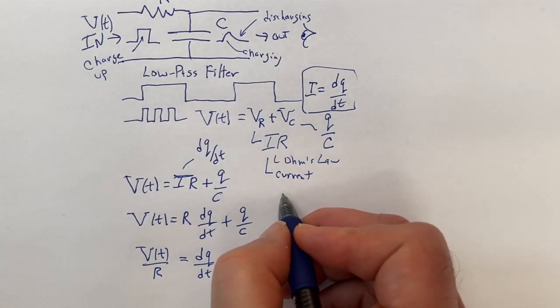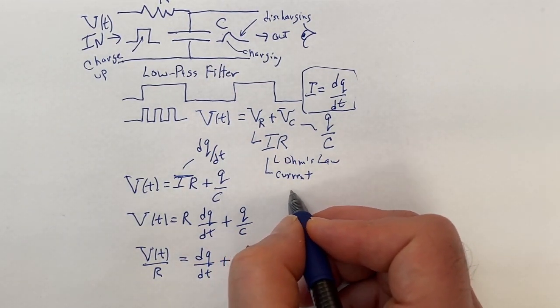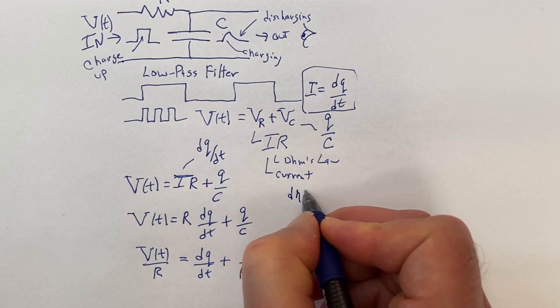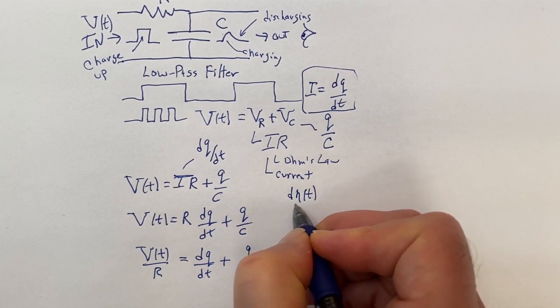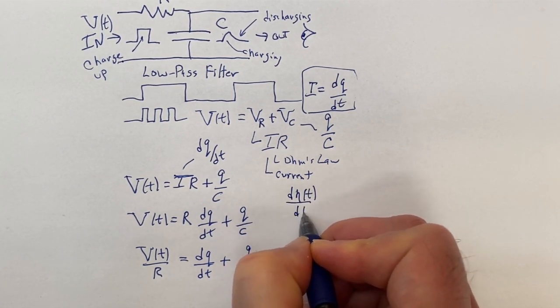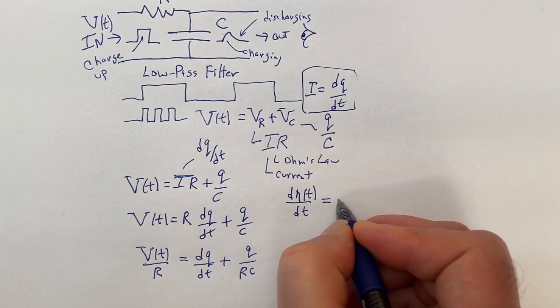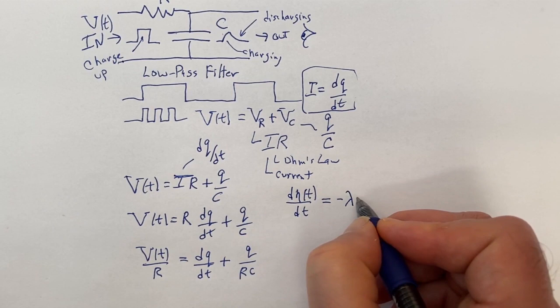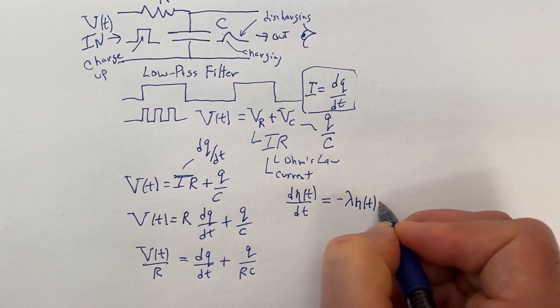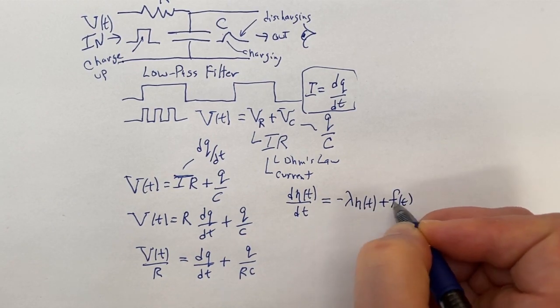Now, if we recall, when we dealt with our radioactive dumping problem, we had the change in the number of particles equal to minus some constant times how many particles were left plus the dumping function.